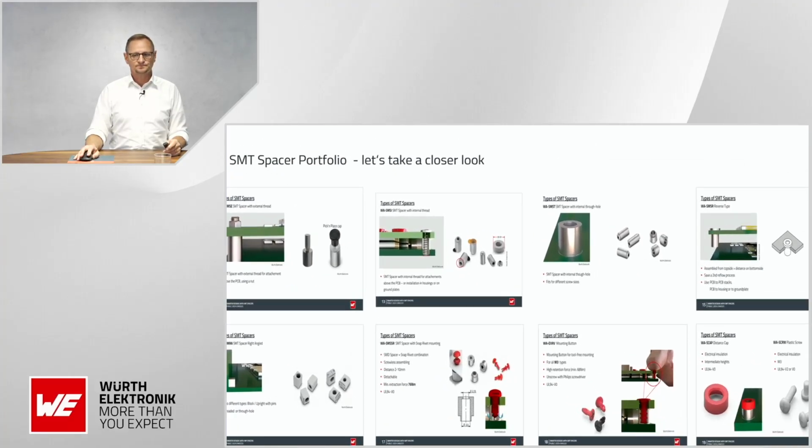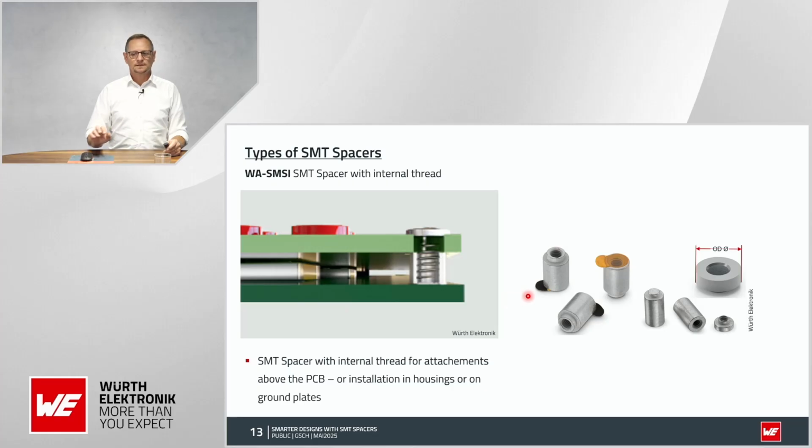The second one is the SMT spacer with internal thread. You can see here in the cutaway view, this spacer is also soldered to the bottom PCB, and the second PCB is fixed on top with a screw just through it.